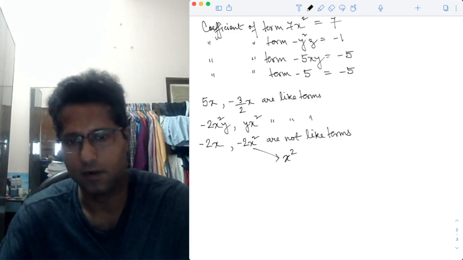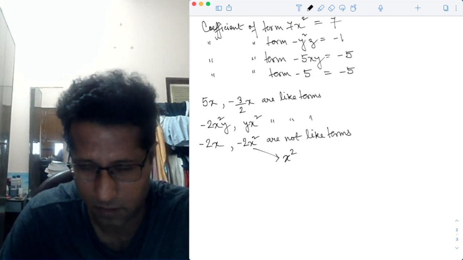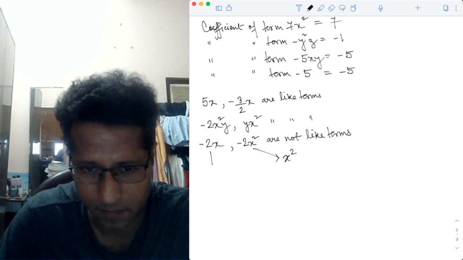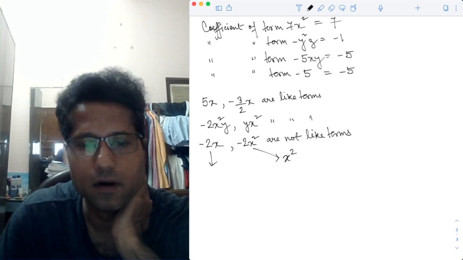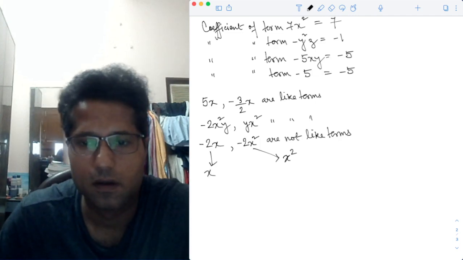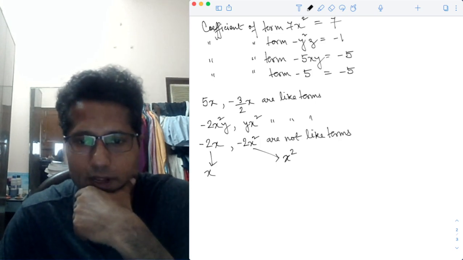So in minus 2x square, the literal factor is x square, and for minus 2x, the literal factor is x. So x square is definitely not the same as x, so they are not like terms.